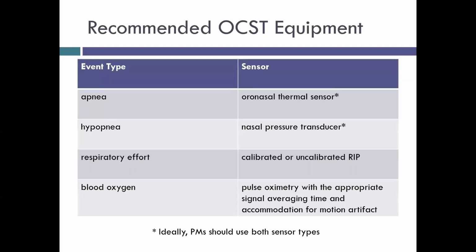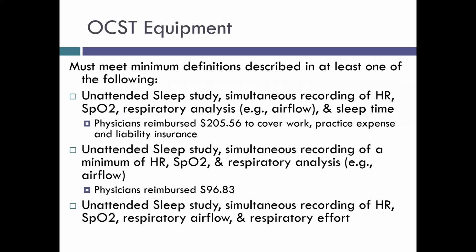Based on what we have on, if the patient's having apnea, if possible, you look at the thermal sensor. If not, you look at the pressure transducer. We're using the RIP belts for effort, and the pulse ox for blood oxygenation.